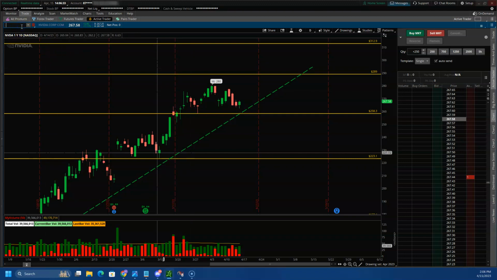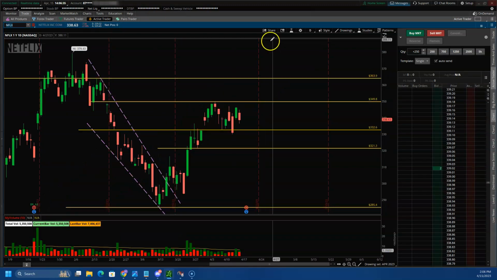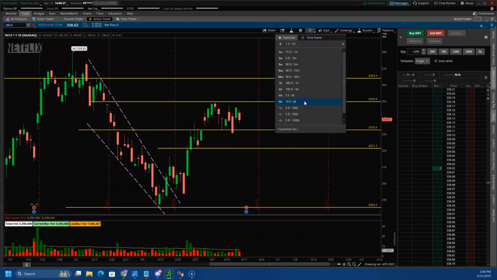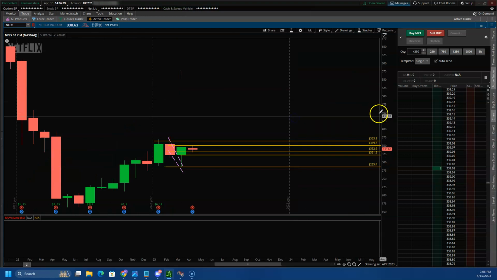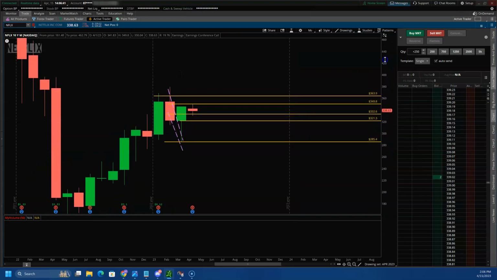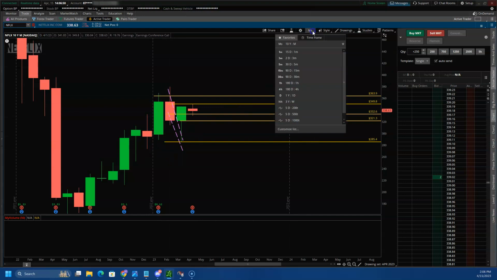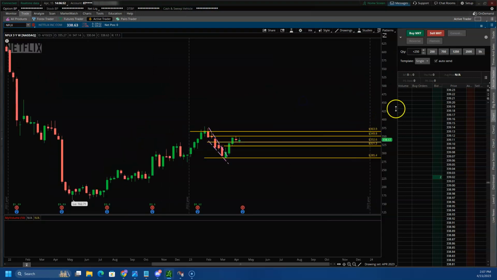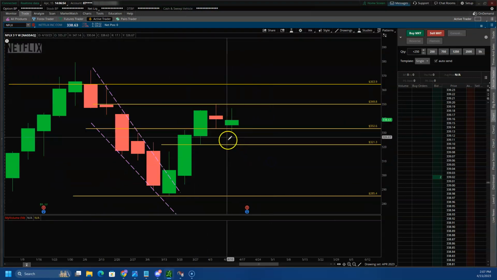Okay, let's take a look at Netflix as well quickly. Monthly view, kind of consolidating on the monthlies, but bullish for now, right? No bearish trend bar, nice upside stair stepping type of move. Weekly chart is fine as well, just sideways after these 3 bullish trend bars.